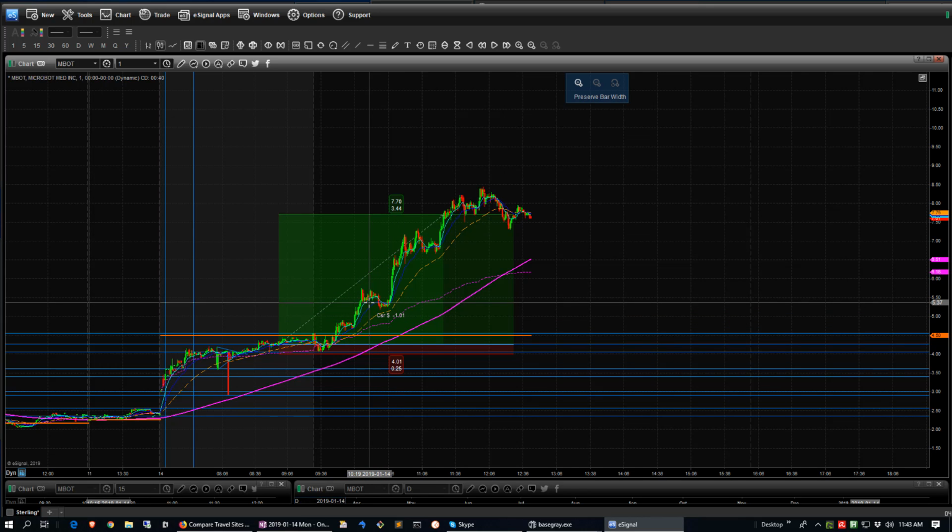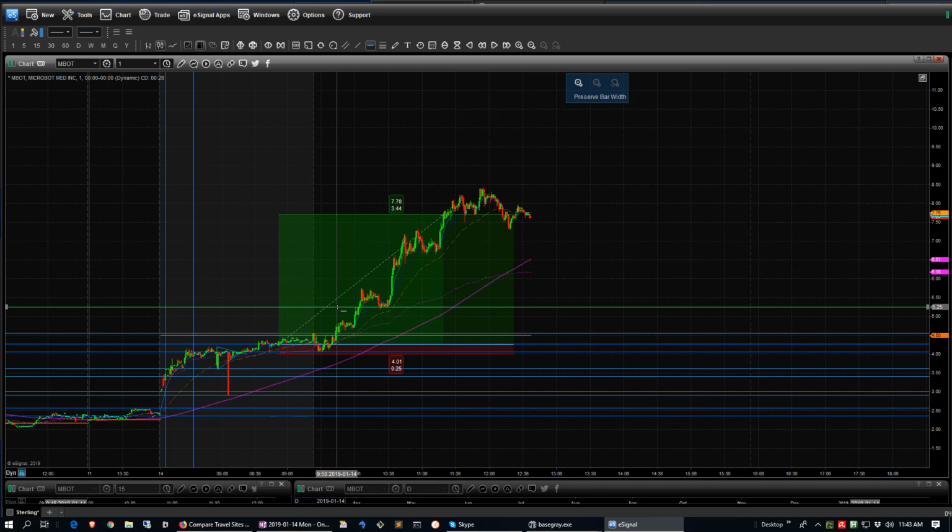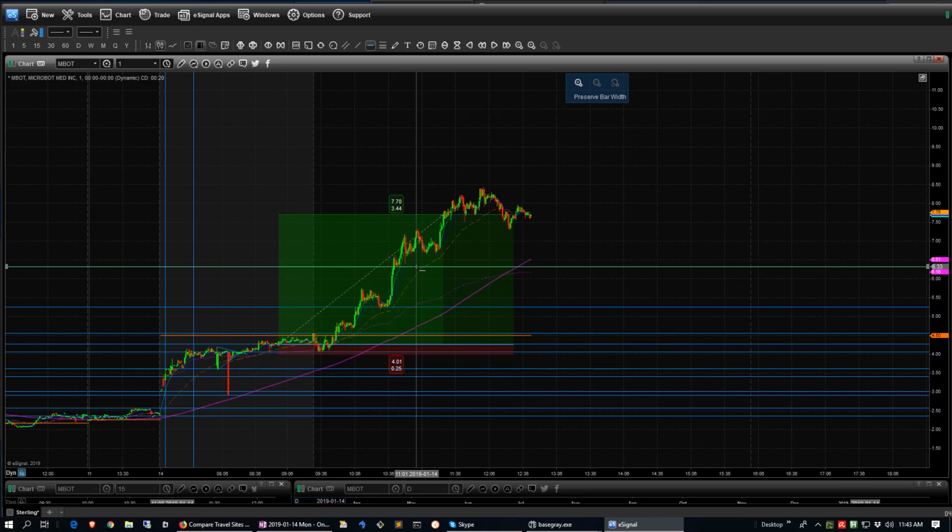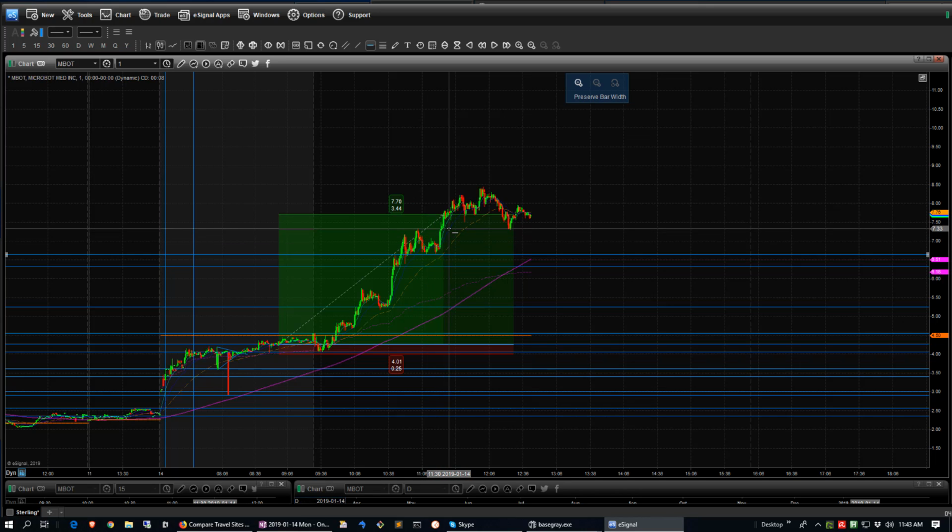So I've got an 8 and a 20 and a 50. As it's going up, there's going to be some occasions where it's going to come back and test various levels like this. It bounced. That's nice. It comes back down and didn't reach that level. That's good. Showing some strength. Comes down again. It didn't reach that level. It's continuing higher. It broke this level.